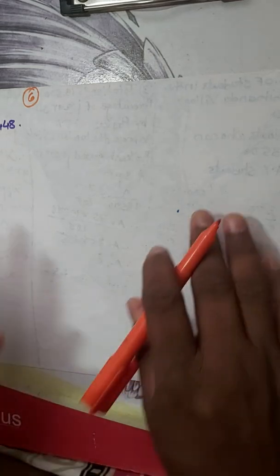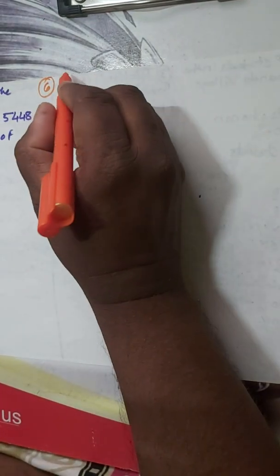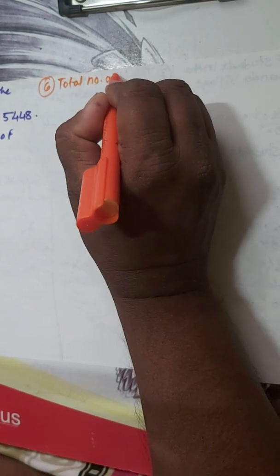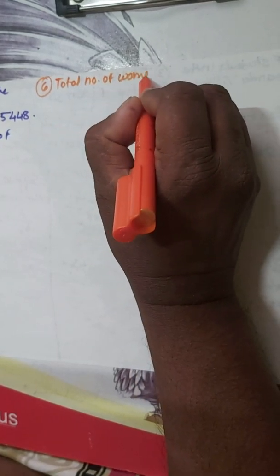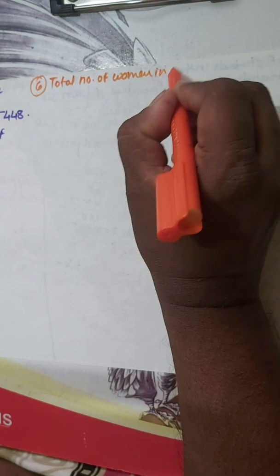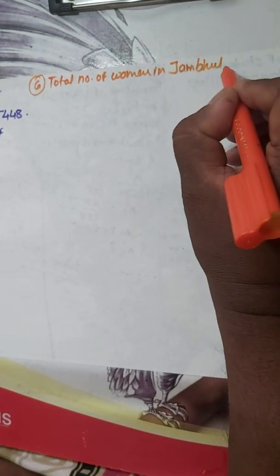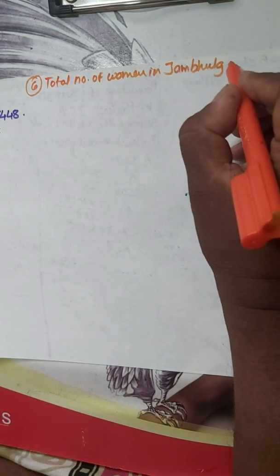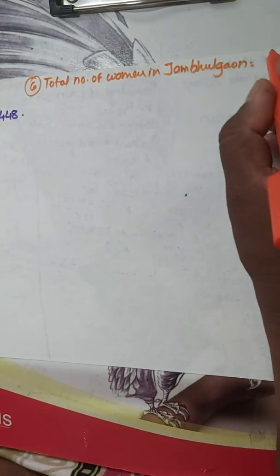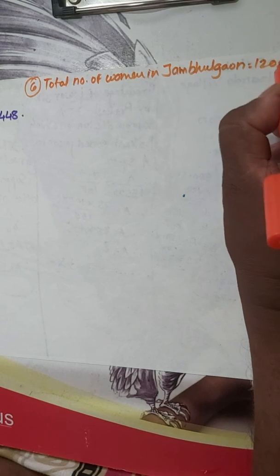Okay, now the total number of women in Jambulgaon is equal to 1200.